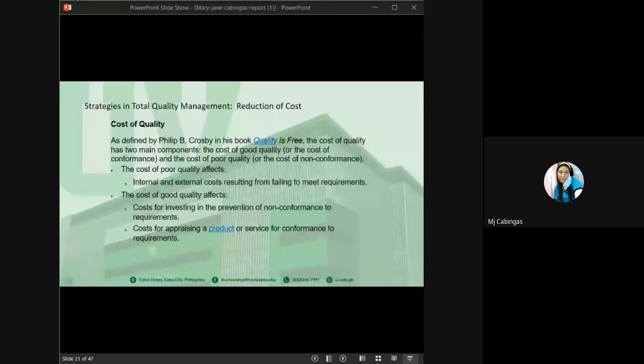So the cost of poor quality affects the internal and external costs resulting from failing to meet requirements. And then, ang sa cost of good quality affects on cost for investing in the prevention of non-conformance to requirements and cost for appraising a product or service for conformance to requirement.